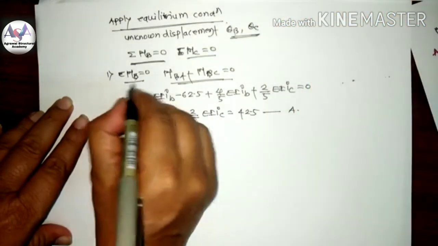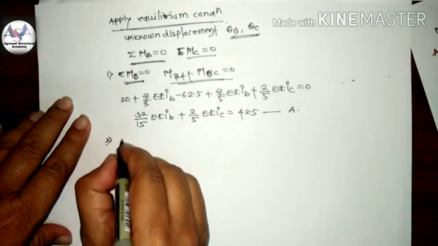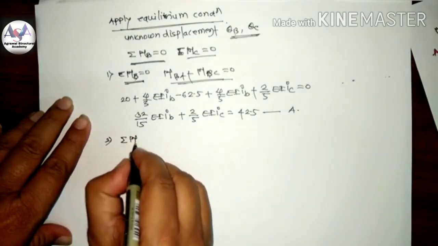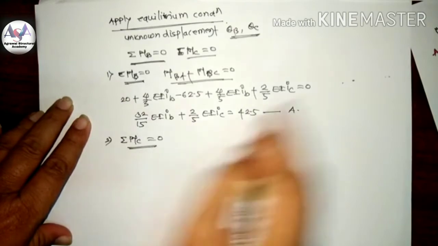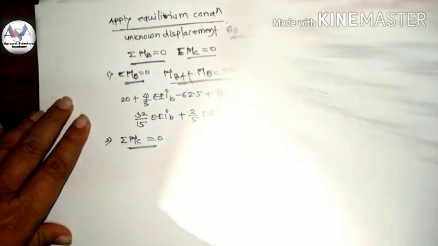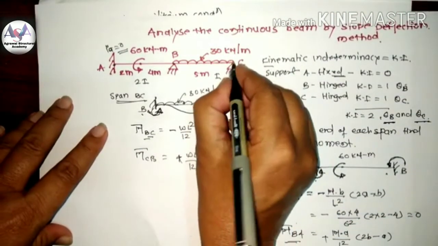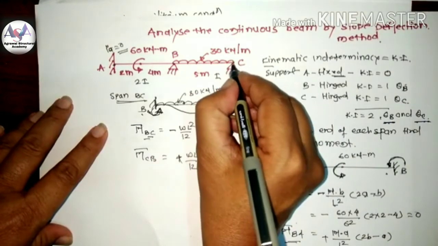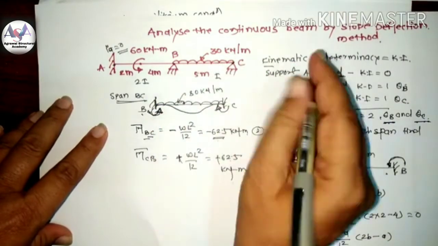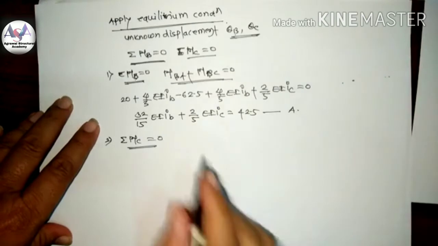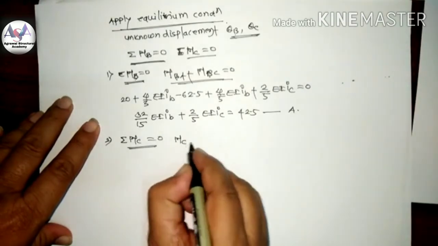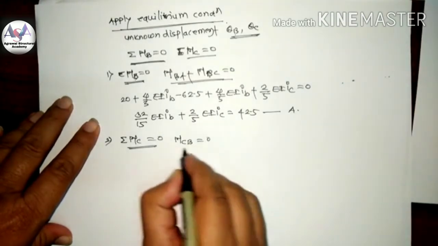Same, now we applied the sigma MB condition. Now apply sigma MC is equal to 0 here. So again take this sigma MC. At C, how many members? The member is CB only. So here MCB is equal to 0.